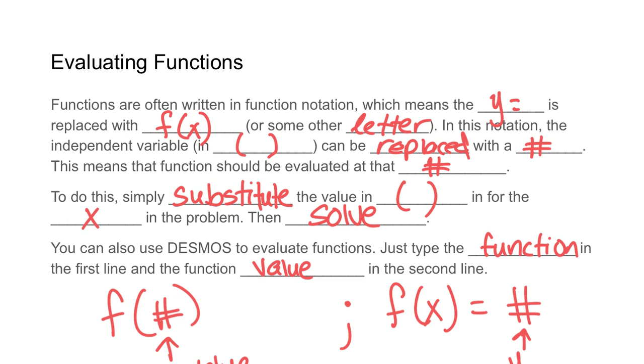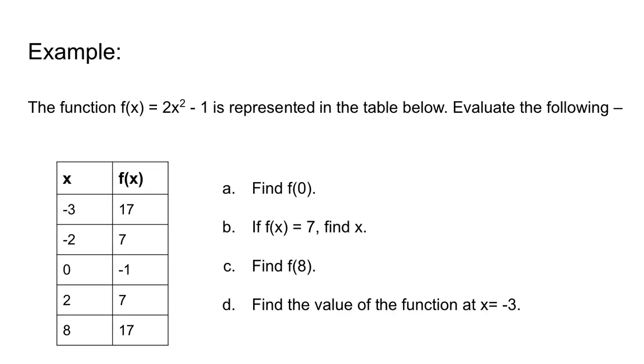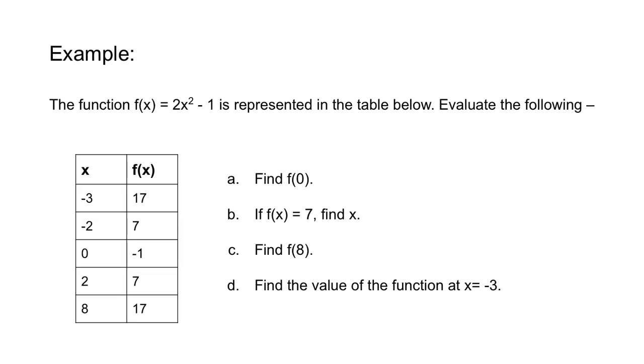So let's look at how this works. Here we've got a table, and they want us to evaluate the table for these 4 different situations. So we're finding f at 0, we're finding f of x equals 7, we're finding f of 8, and finding the value of the function when x equals -3. To be able to do this correctly, you've got to know what exactly they're asking you to look for.